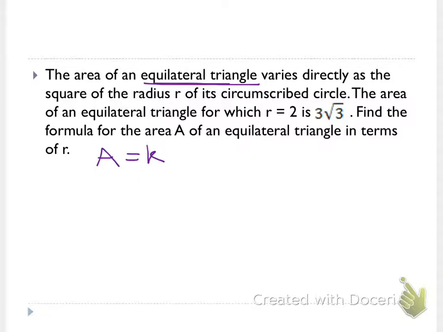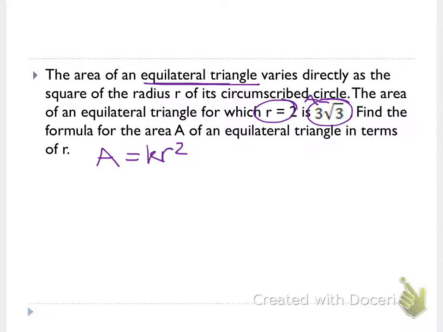We always have a constant, as the square of the radius r. So it's r squared. That's it. The area of an equilateral triangle, for which r equals 2, is 3 root 3. And it's giving you A and r. R is right here, and this is A.